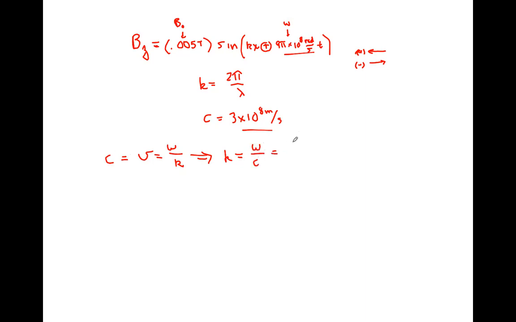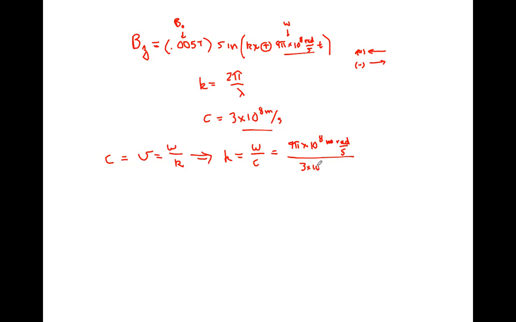So I guess it's 9 pi times 10 to the 8th radians per second. I hope these numbers are doable. I can do these almost in my head. That's radians, not meters, radians per second. And in the denominator here, that's 3 times 10 to the 8th meters per second.